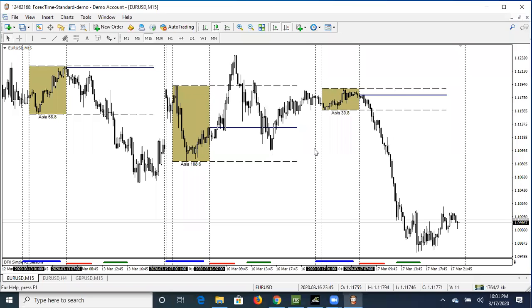So I believe I've been able to demonstrate that there are certain times of the day that price has been observed to make several movements. And it's only wise to restrict your trading to those time frames, those periods, so you don't have to spend the whole day in front of your chart.